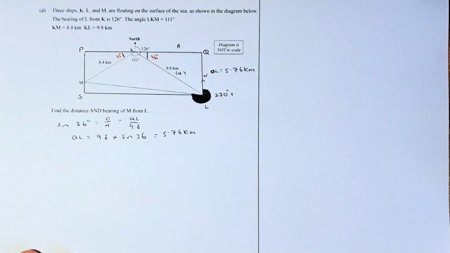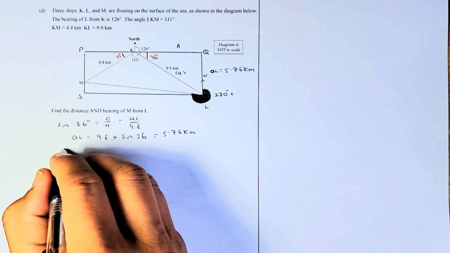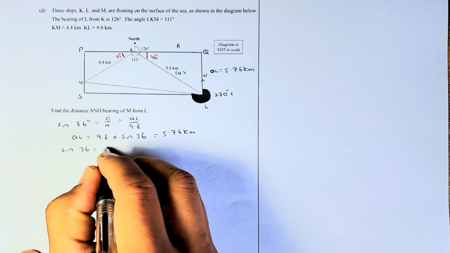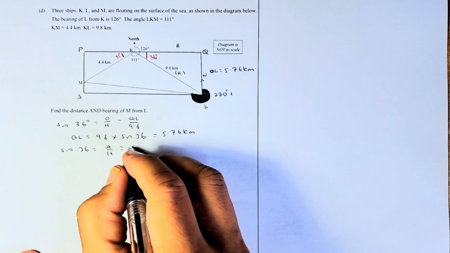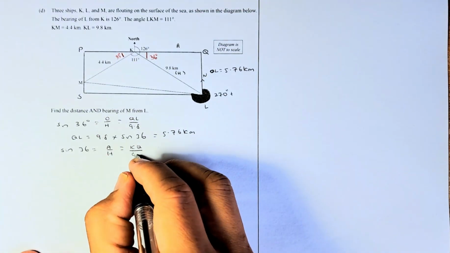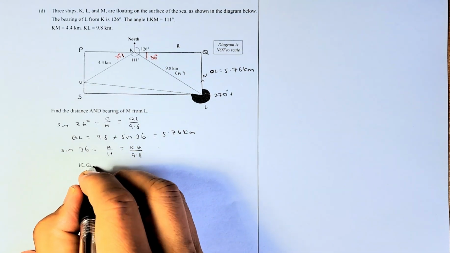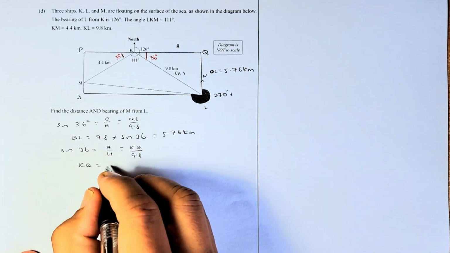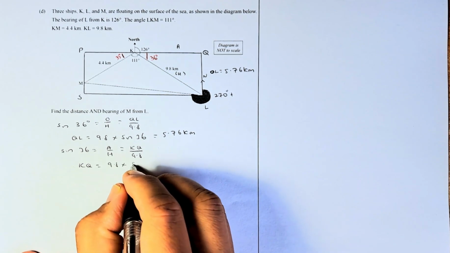So far, good? Great. Now we can calculate KQ, similarly using this triangle. Sine 36 equals A over H. This time your A is the unknown KQ, and your hypotenuse is still 9.8. KQ equals 9.8 multiplied by sine 36.